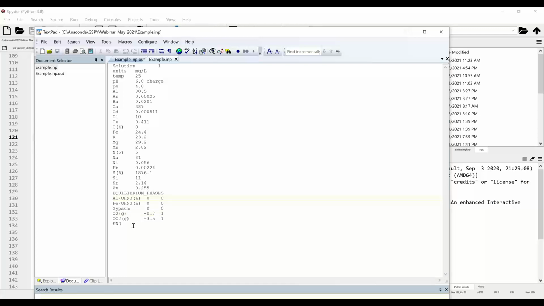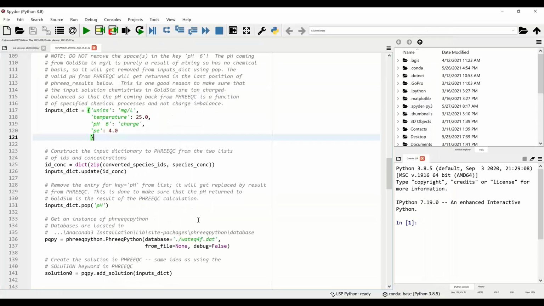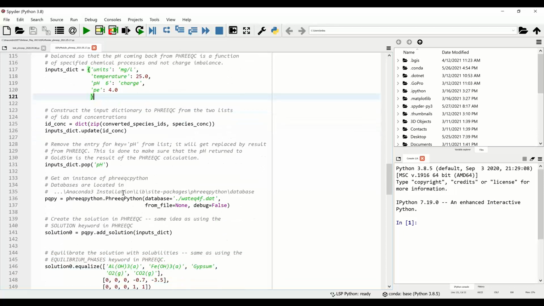And then also with atmospheric amounts of oxygen and carbon dioxide. So the solution definition here is following that same format to create the first part of that input file.